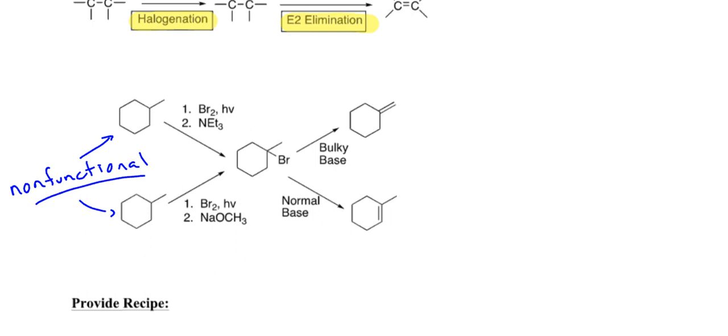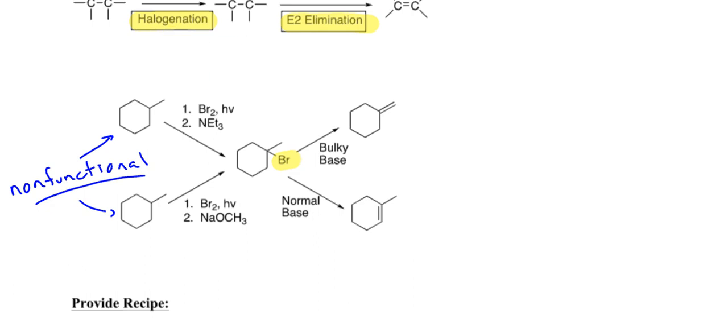Notice what we're doing. We are adding a halogen, and either we're adding a bulky base or adding a normal base. So in the middle, our intermediate, we're going to have our bromination. So there's our bromine. And then we have two results, and these should not be surprises. These are my eliminations, as we said above. So we have halogenation first.